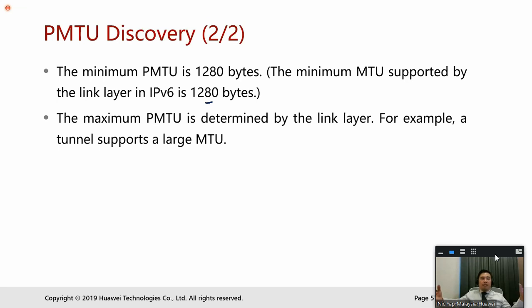But the minimum is only 1280, the bare minimum I can forward based on my MTU. The maximum is determined by the link; you can go up to 9600 bytes as a jumbo frame. As long as you are not smaller than 1280, it's not like IPv4. In IPv4 the smallest is 64, but for IPv6 the smallest is 1280.